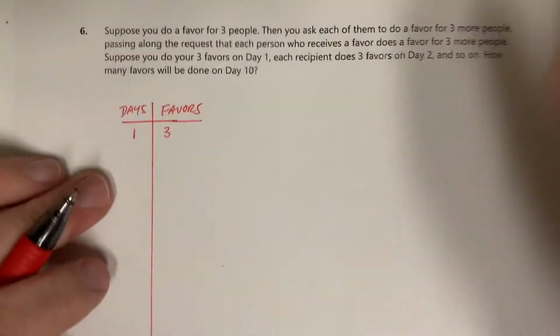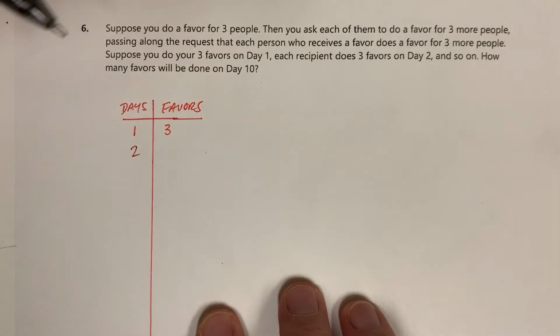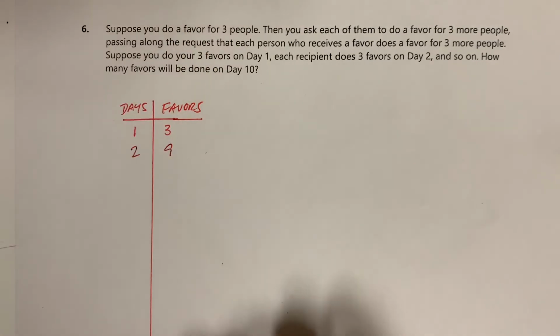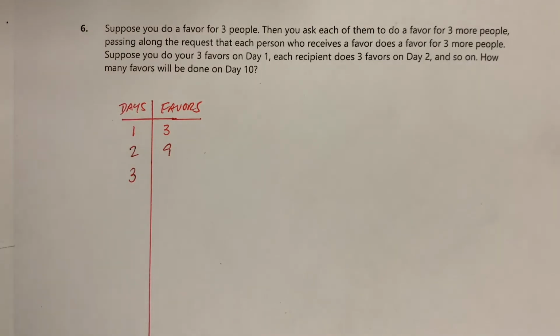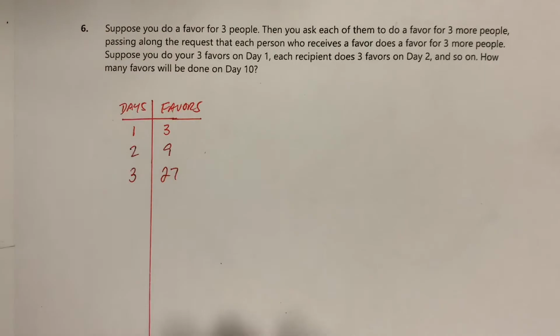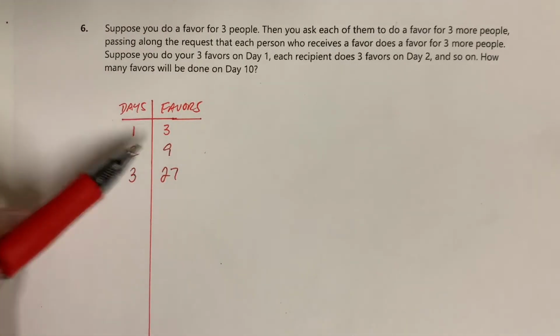On day 2, each of those 3 people is going to do 3 more for each one, making a total of 9. 1, 2, 3, 4, 5, 6, 7, 8, 9. On day 3, each of those people are going to do 3 more, and that's going to make it 27. So what's happening each time is it looks like we're multiplying the previous number by 3.